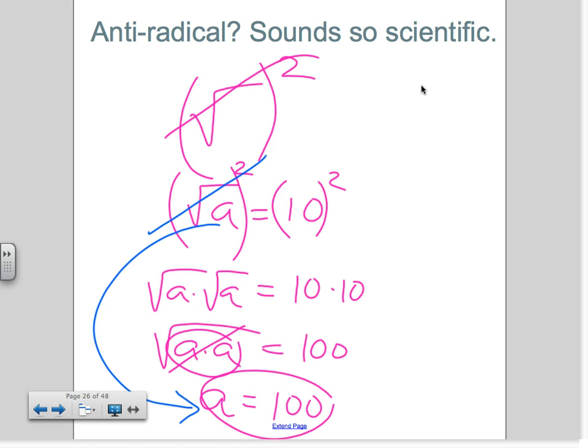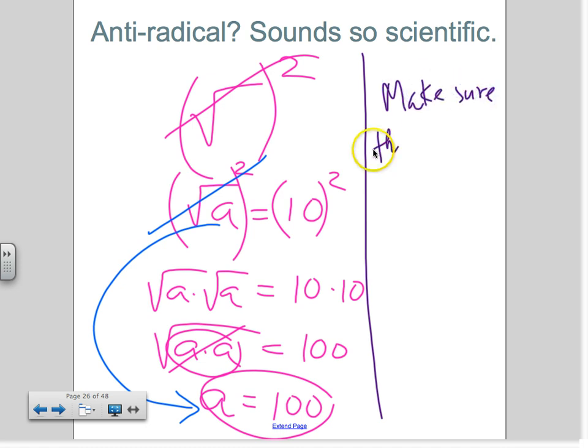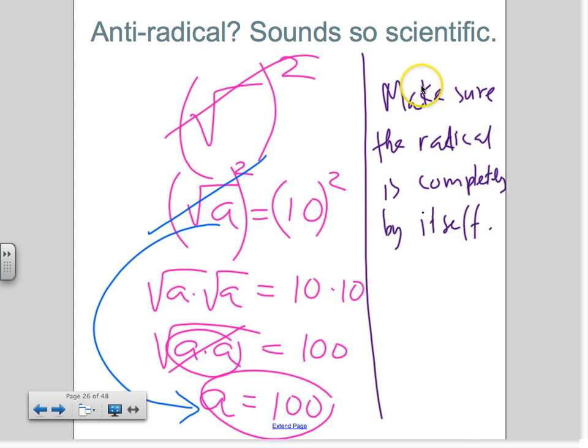Another thing that I need to remember, especially with radical equations, for our lessons today, is just one basic rule. For you to start squaring or getting rid of your radical, you need to make sure that the radical is completely by itself on one side.